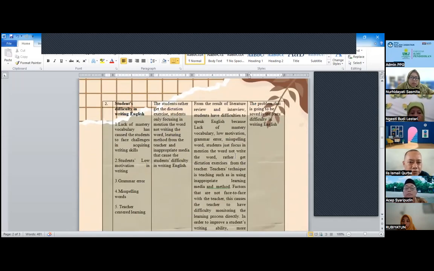The problem to be solved is about students' difficulty in writing English. Actually, your problem is the same as mine. I mean, what is the specific problem you have? Writing words, sir. Writing words in English.